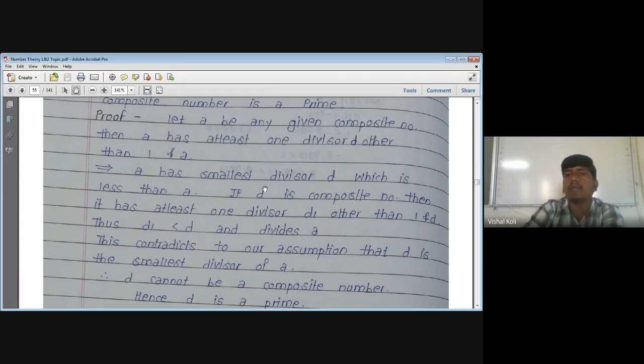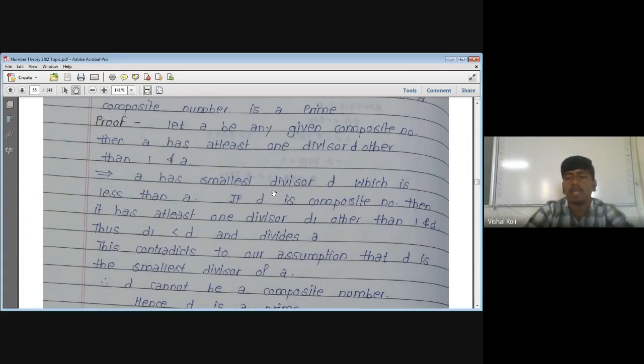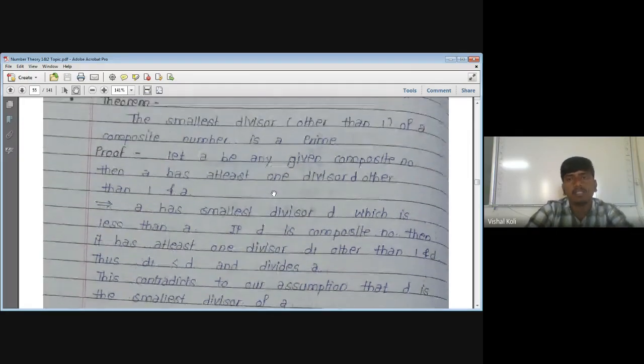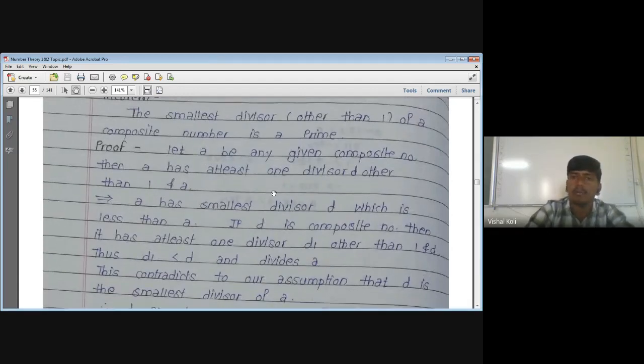Hence, D must be a prime number. From this, we say that the smallest divisor of any composite number other than 1 is always a prime integer.